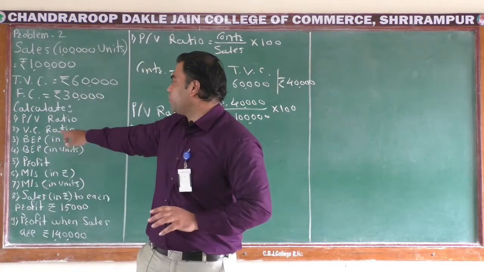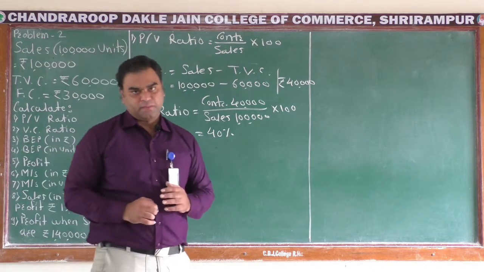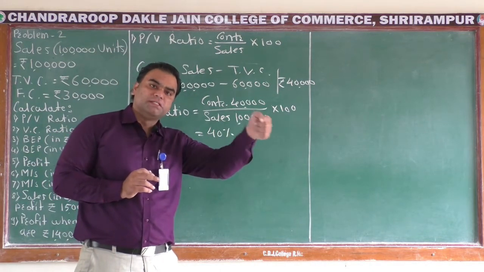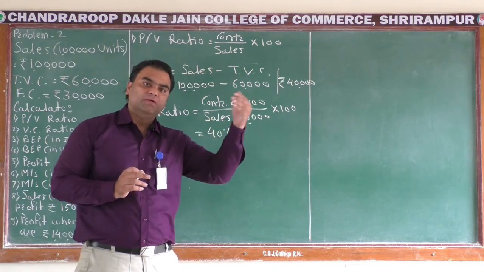Now we are going to calculate VC ratio or variable cost ratio. Variable cost ratio means the ratio of variable cost to sales. It tells us the percentage of variable cost to sales.